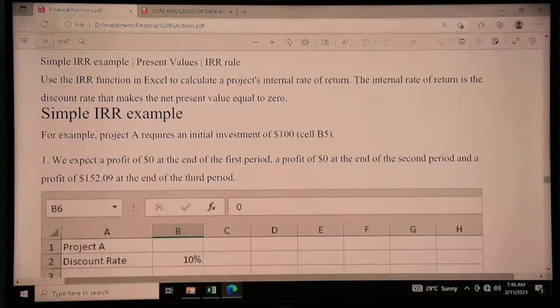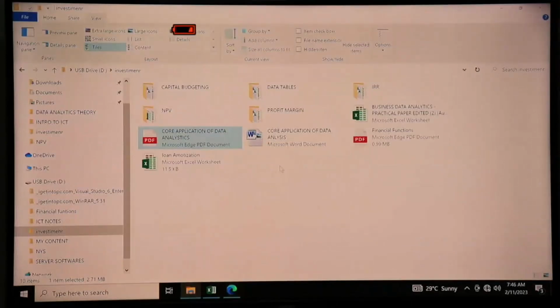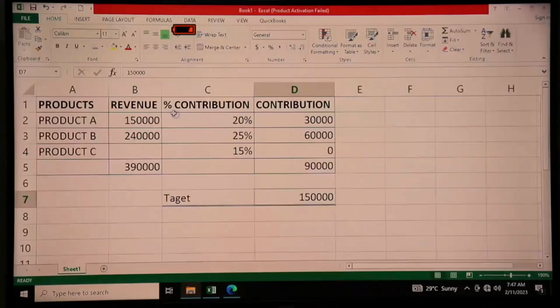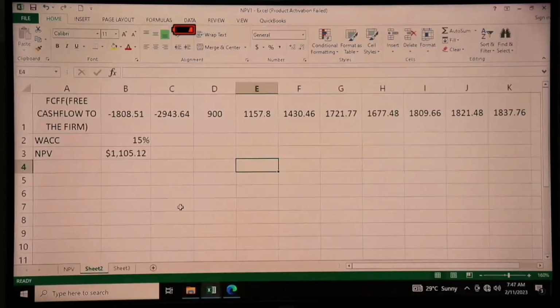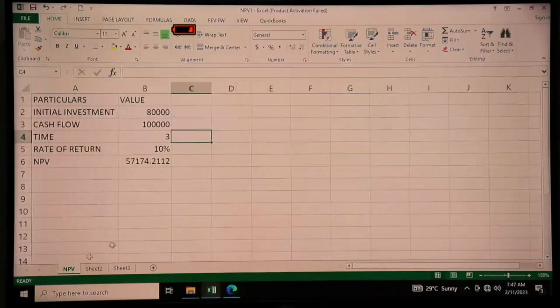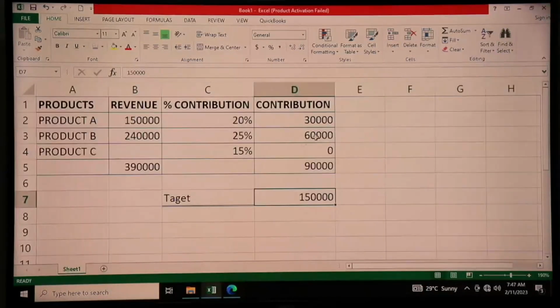We are going to use an example that I sent you in the last discussion. Let me check that example that we sent in our last exercise. Just a minute.